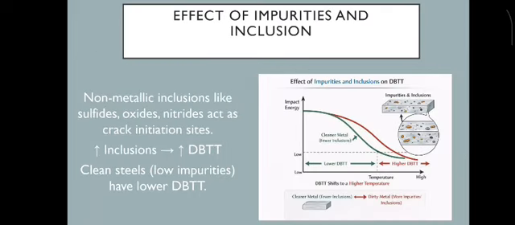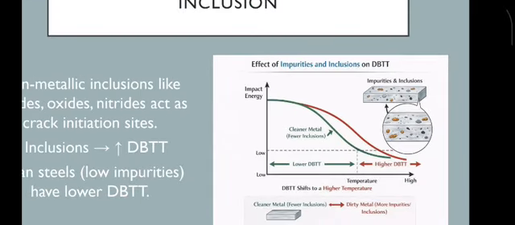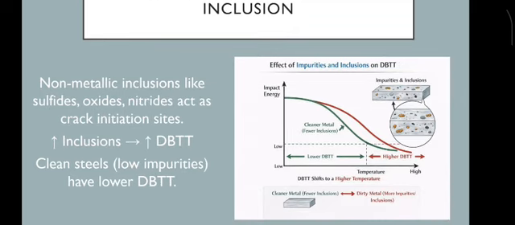Next, the effect of impurities and inclusions. Non-metallic inclusions like sulfides, oxides, and nitrides act as crack initiation sites. We can see in the graph that the presence of inclusions gives higher DBTT values, while lower impurities show lower DBTT values.